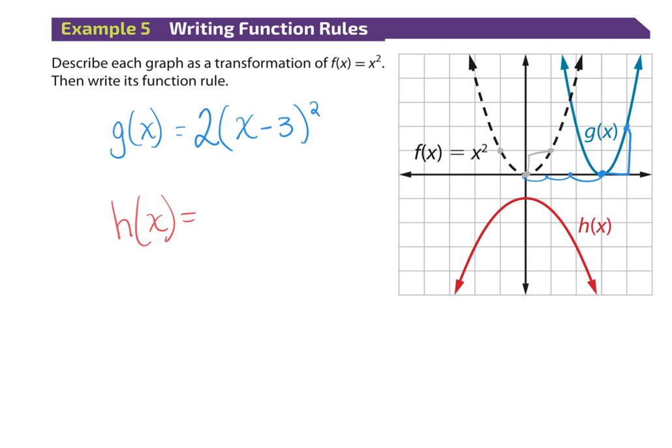But because he shifted down, it's on the outside. So I know I'm going to have an x squared, and I went down by 1 unit. So I'm going to subtract 1 from that, right? In front of the x squared, I know two things. He got squished, which means I'm going to have a fraction, and he flipped upside down, which technically is going to be a negative fraction, right?